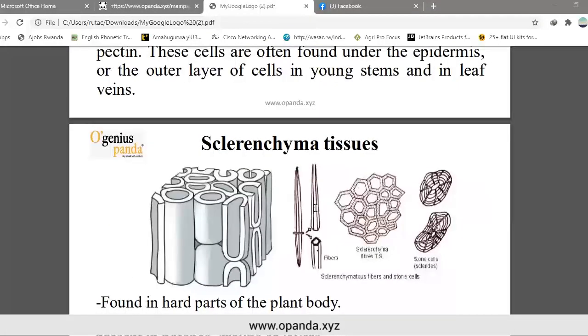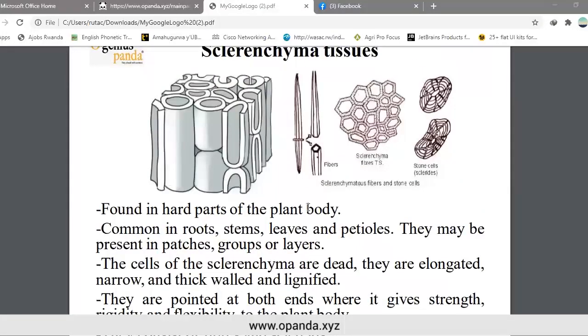Now here you find the sclerenchyma tissues as opposed to the parenchyma tissues. First of all, you find they are long, found in the hard parts of the plant body, common in roots, stems, leaves, and petioles. They may be present in patches, groups, or layers.